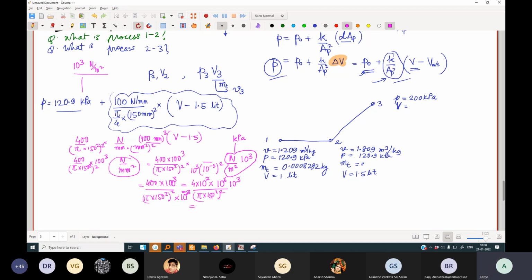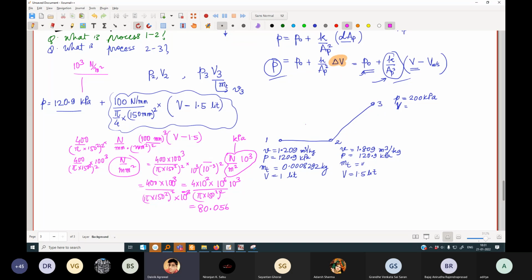I have a calculator handy with me. So what do we get? 400 into 1e6 into 1e3 divided by pi times 150 squared whole squared. I am getting 80.056. Yes, sir, I'm also agreeing.